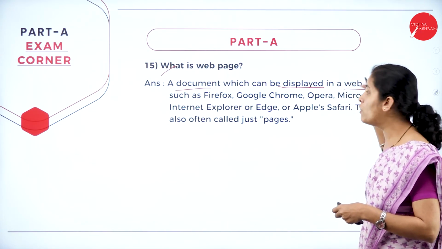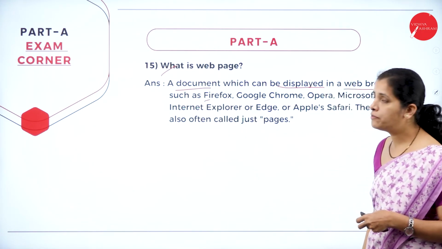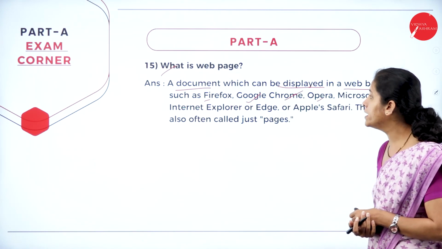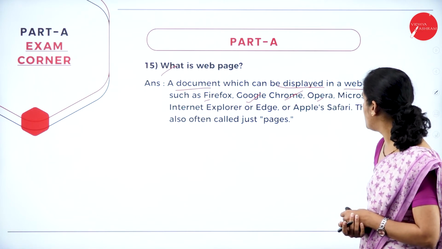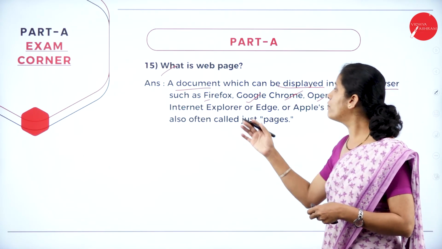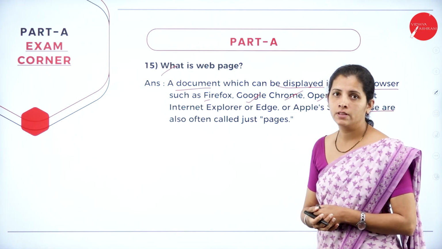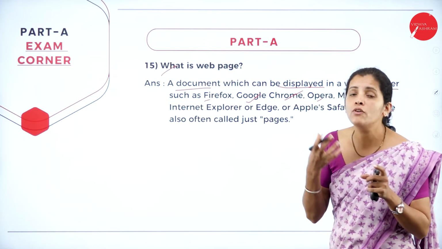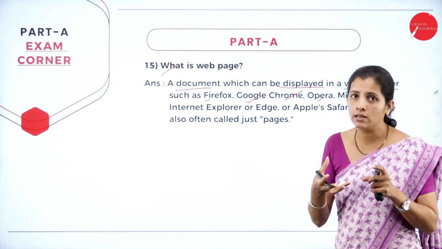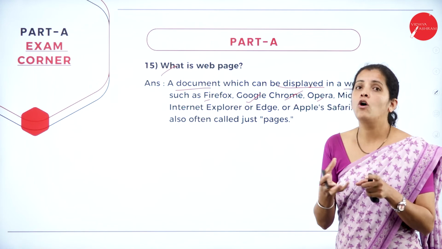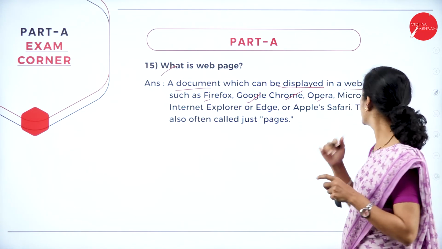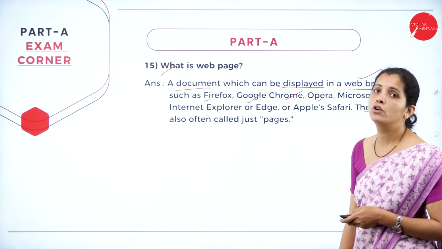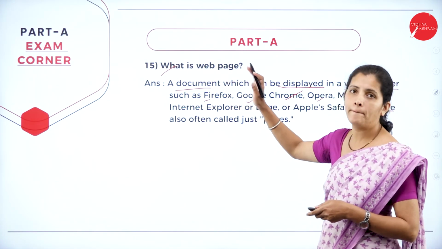Examples of web browsers are Firefox, Google Chrome, Opera, Microsoft Internet Explorer, etc. These are often called pages. So, what is web page? It is nothing but a collection of pages or documents. To open this document, I require a web browser. And those kinds of pages or documents are called web pages.